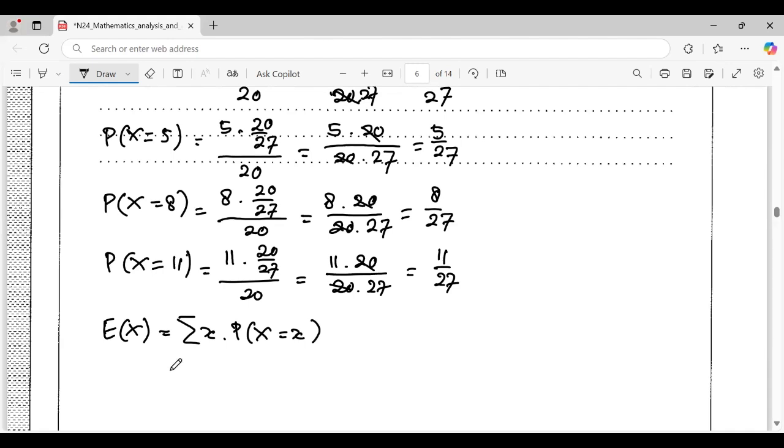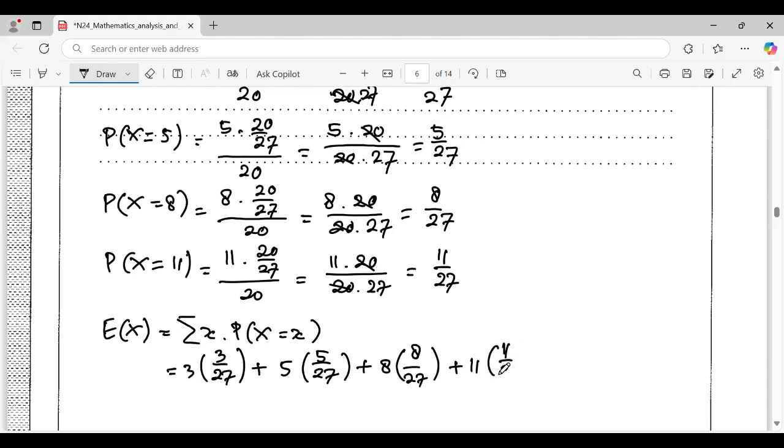So it's going to be 3 times 3 over 27 plus 5 times 5 over 27 plus 8 times 8 over 27 plus 11 times 11 over 27.